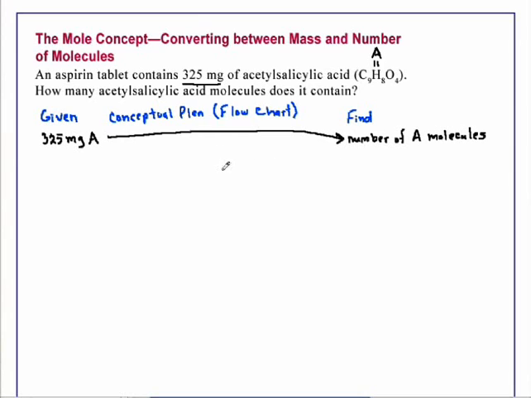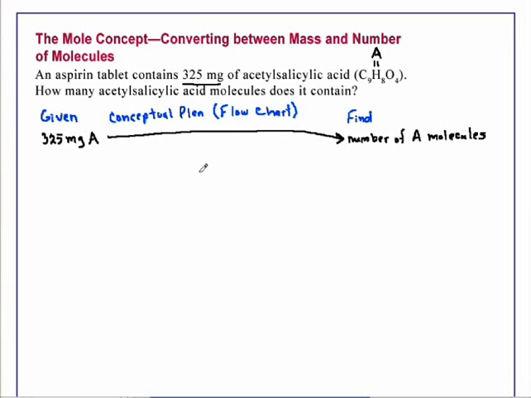Now, this is much like planning a trip. You have a destination, that's what we're trying to find. We have a starting point, and that's what's given. And we need some landmarks along the way, some intermediate steps to help us. That's what we're calling our conceptual plan.